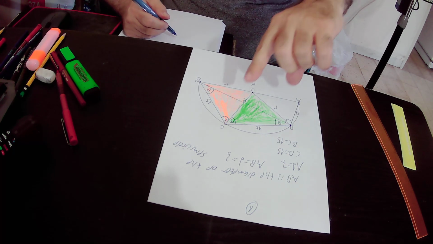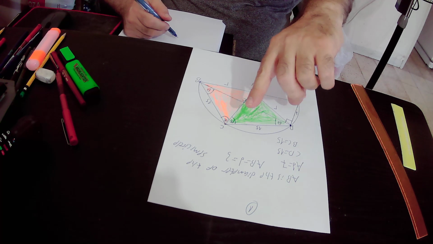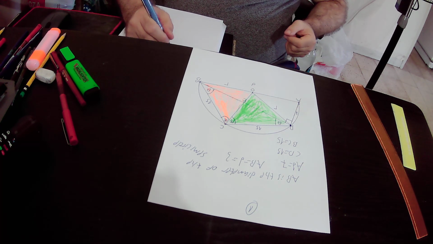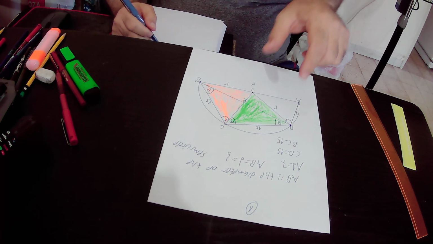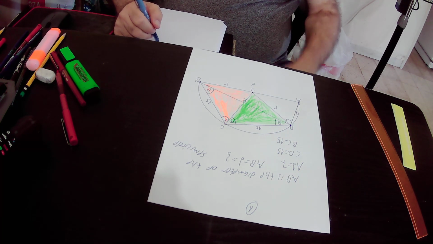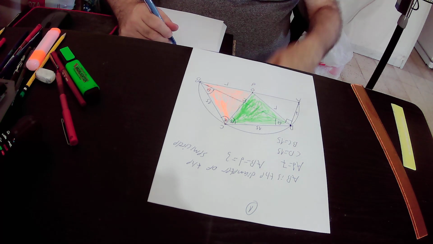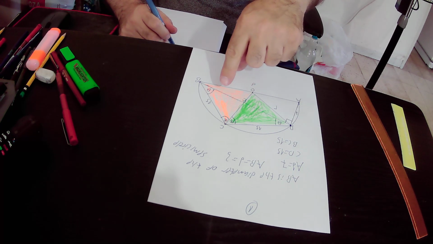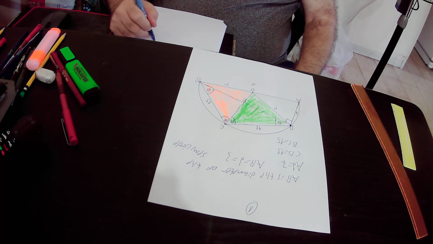We know that DC on the green triangle equals BC on the orange triangle. DC equals CB. Both of those two sides are equal to 15 units. We also know EC is the common side, so EC equals EC. It belongs to both the green triangle and the orange triangle.